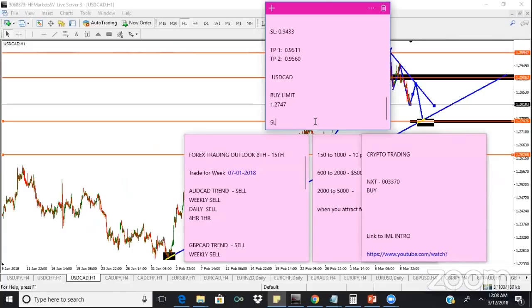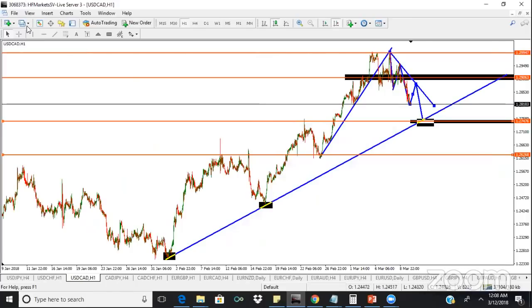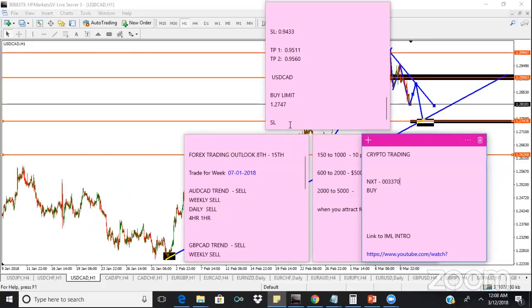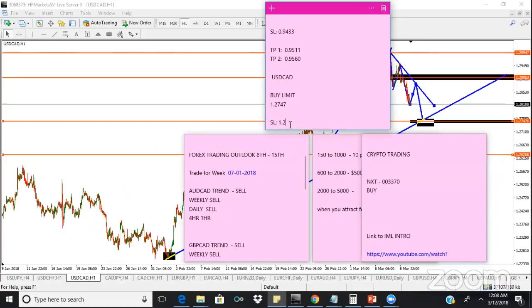Then your stop loss to the last swing low. Can do 50 pips. 26.97. That'll be your stop loss.